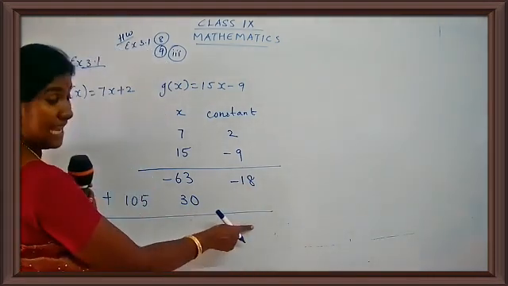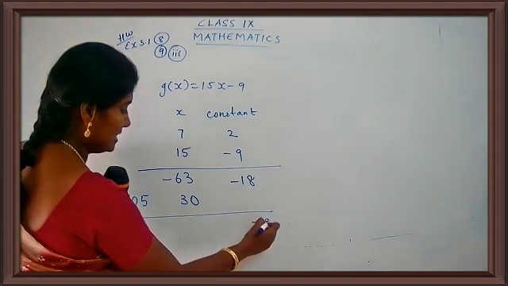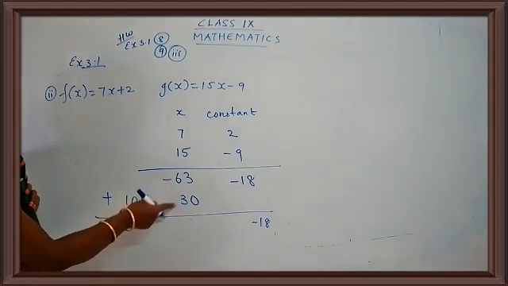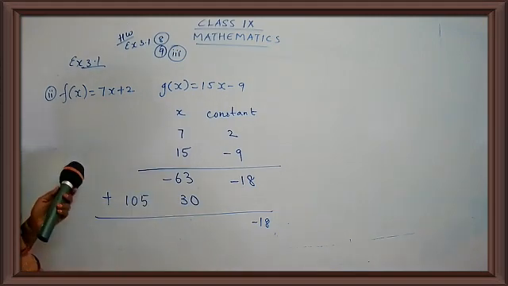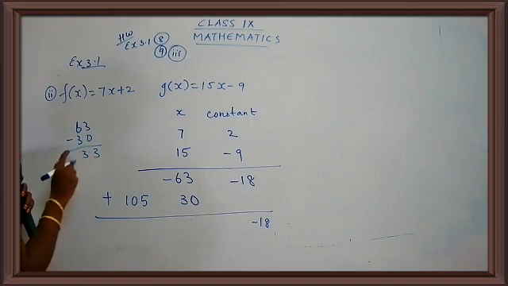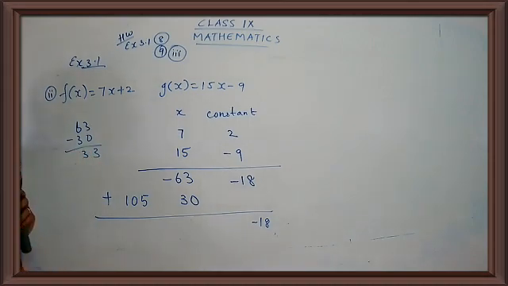So minus 18 will be written as minus 18. Minus 63 plus 30. Minus plus. What is minus plus? Minus. So 63 minus 30 gives you 33. When you are dealing with addition or subtraction, you have to see the sign of the bigger number. So what is the bigger number here? 63 is the bigger number.